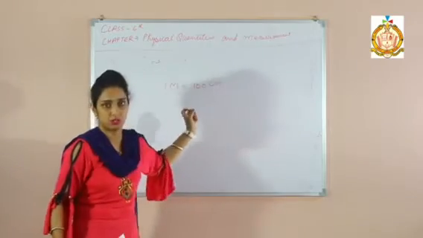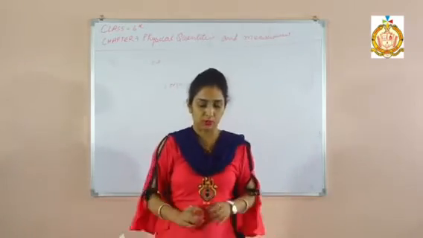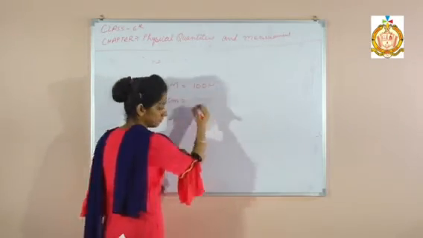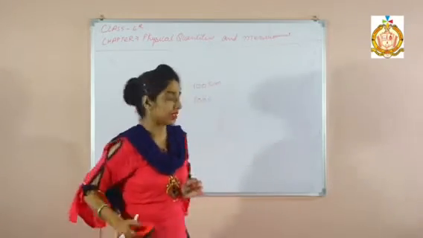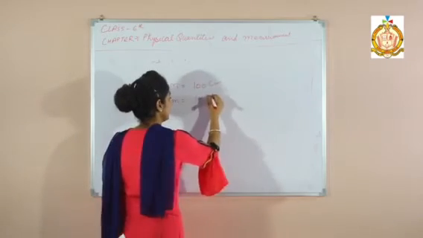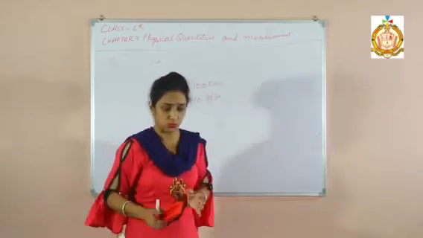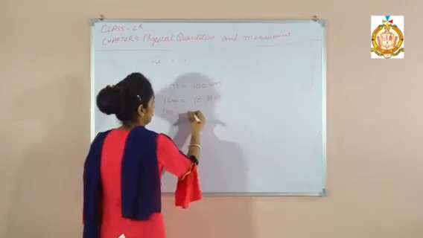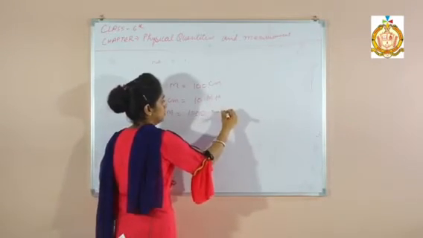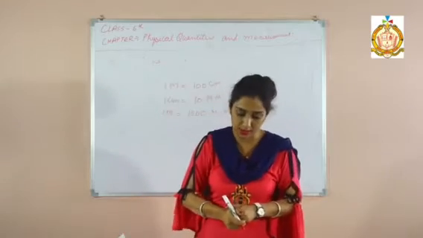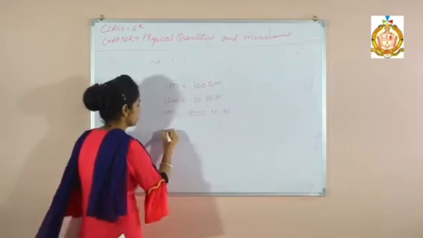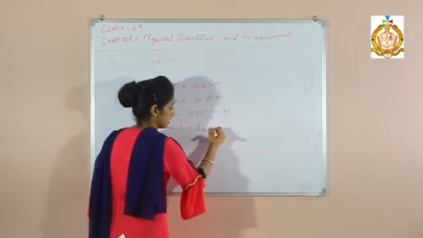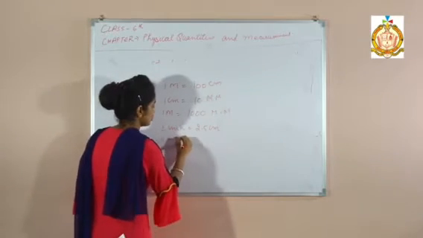This is a conversion of units, right? 1 centimeter is 10 millimeters, right? 1 meter is equal to 1000 millimeters, and 1 inch is equal to 2.5 centimeters, and 6 inches is equal to 15 centimeters, right?